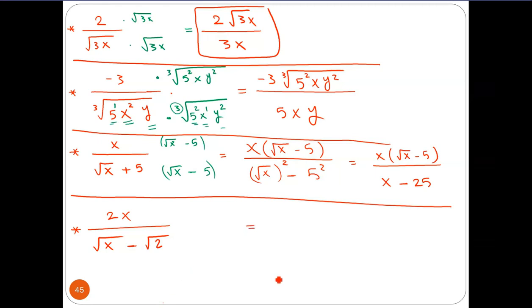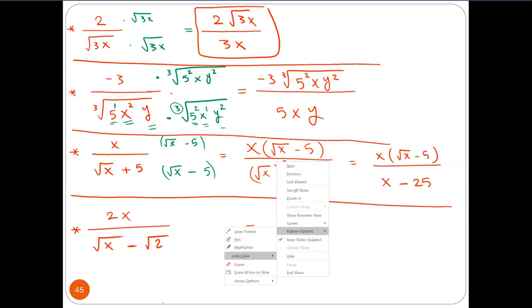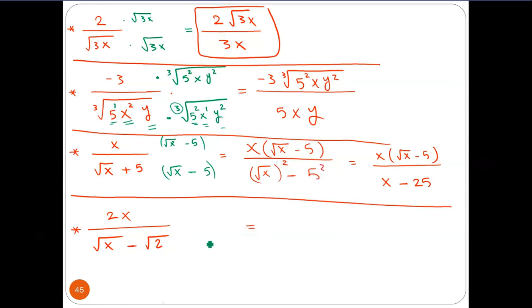The conjugate, this is the same denominators, radical x and radical 2, but opposite sign. We have negative, so put in conjugate positive between them. And here radical x plus radical 2 must be multiplied the numerator and denominators.